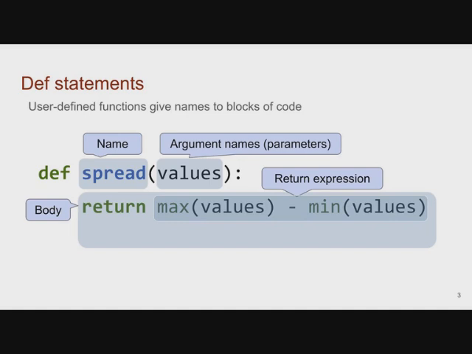That's the value of that expression, which we can either save as another object. What gets returned as the value of the function call is defined by this return expression, which is denoted by the keyword return.